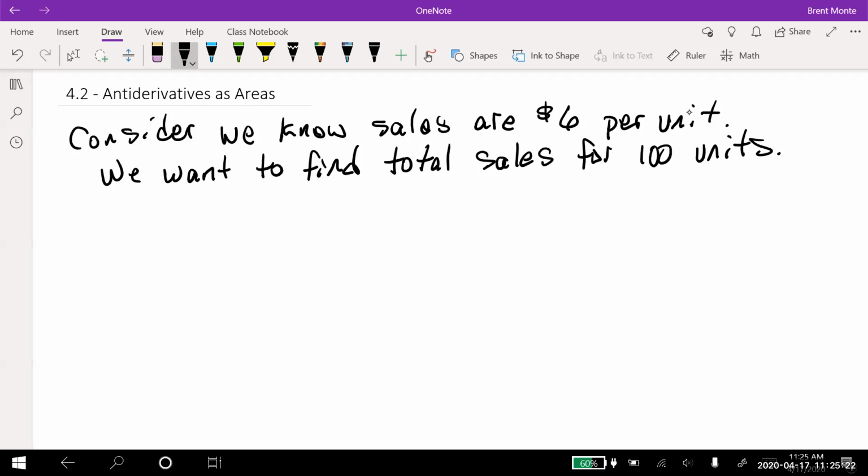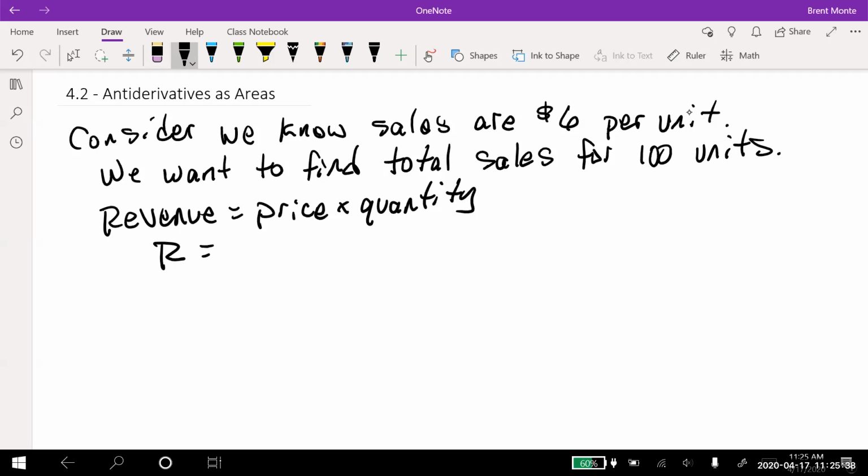Well, we already know how to do that because we know that revenue is price times quantity. And then if we go from there, we can say, okay, revenue R is price, my $6 per unit, times 100 units. And that's going to be $600 total revenue. Nothing new there. That's stuff we already knew.